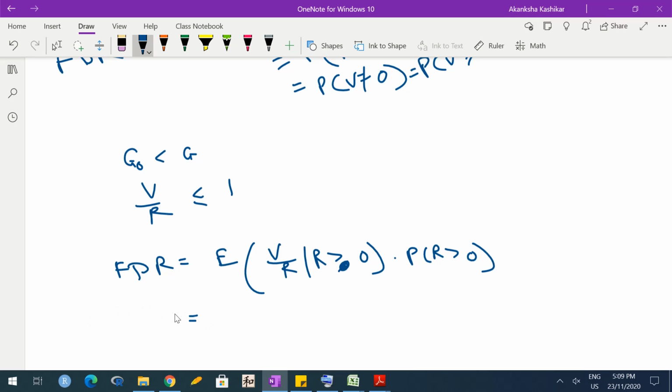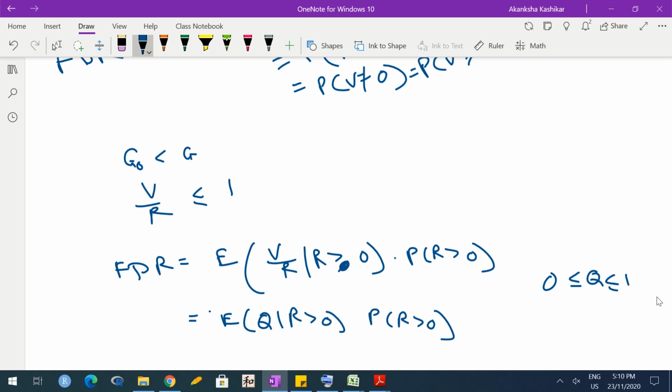So, FDR is this. Now, what we know is, if I call this V by R as say Q, then this is expectation of Q given R greater than 0 into probability of R greater than 0. And what I know about Q is always between 0 and 1. Okay.